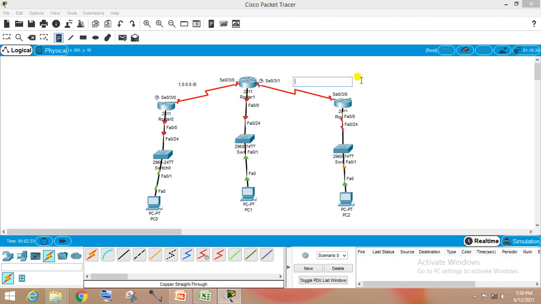One network, two network, and so on, up to the 30 network. Now I will log into the router.